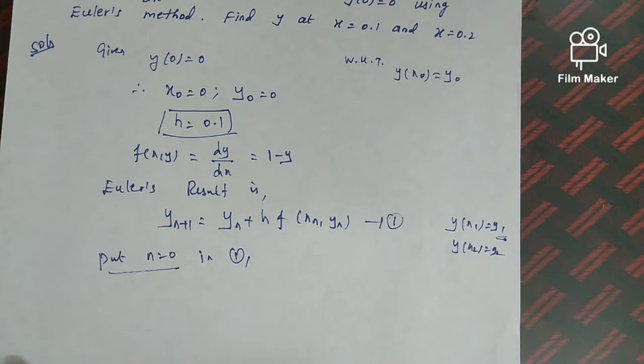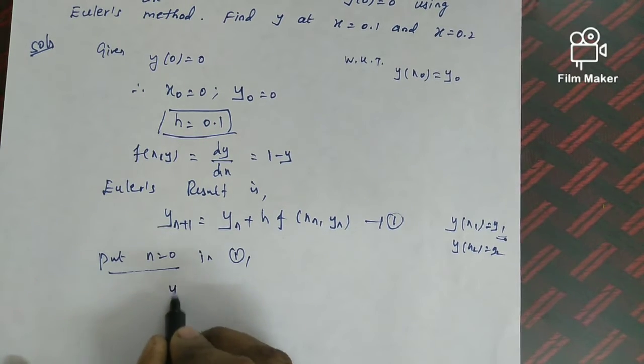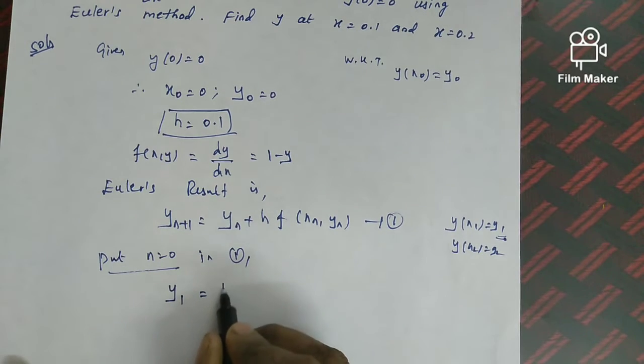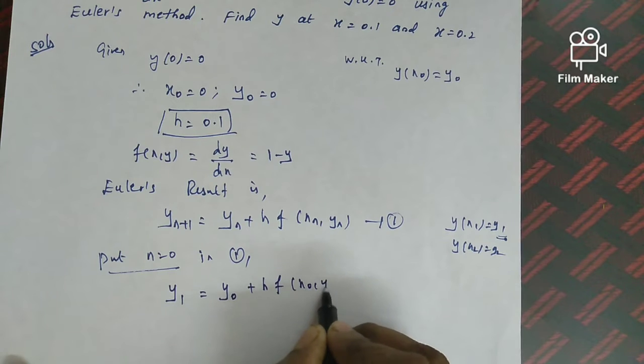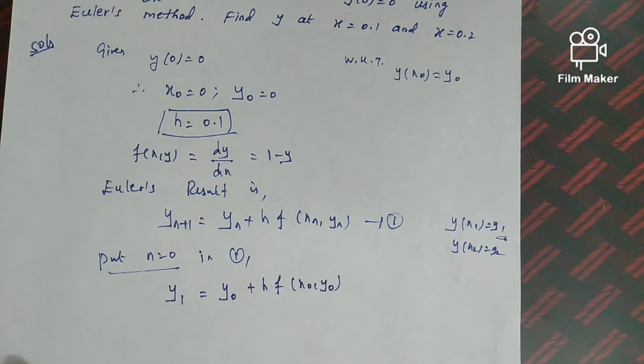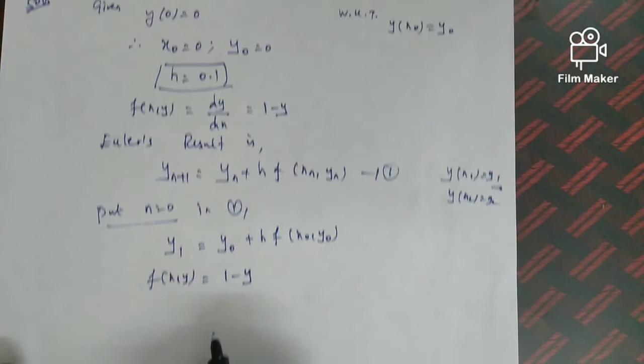What will happen? y1 equal to y naught plus h into f of x naught comma y naught. Is it clear? Okay. Here the given f of x comma y is 1 minus y. In this one we have to put x as x naught and y as y naught. So what will happen?